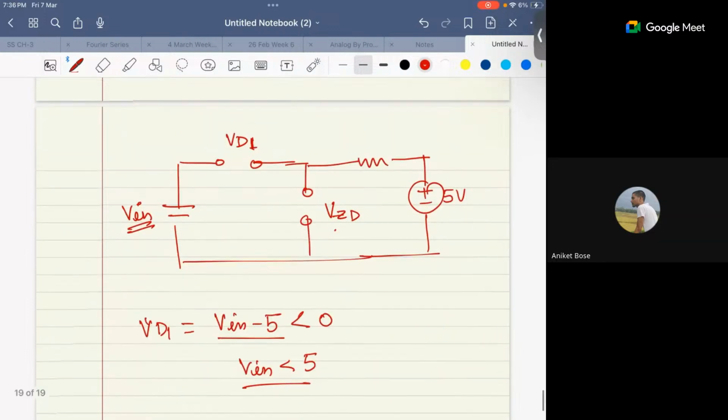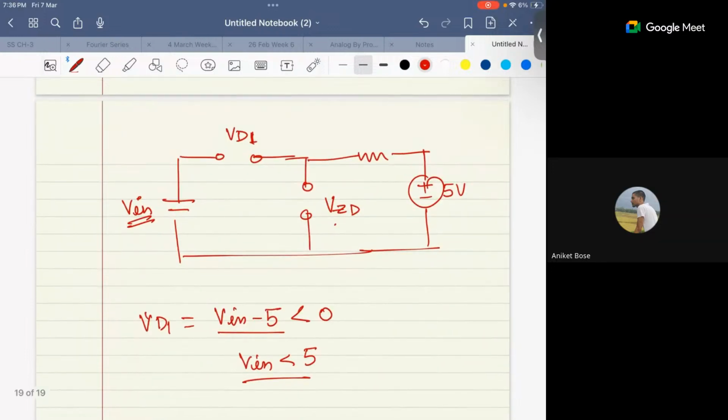One more thing we have to think. We have checked for VD1, correct? Did we check for the Zener diode? So the Zener diode also we have to check, right? We checked for V input less than 5 volt. That is fine. This will be switched off, and after that it will be switched on.